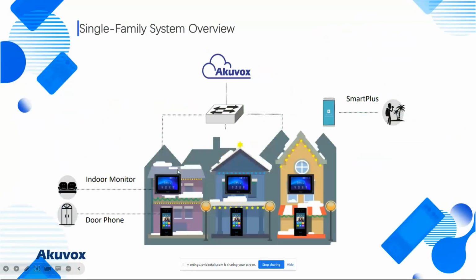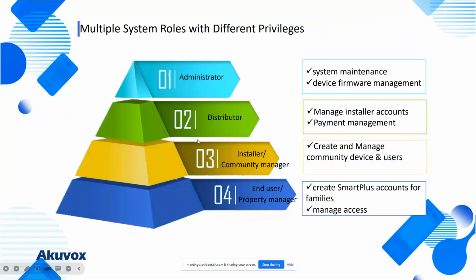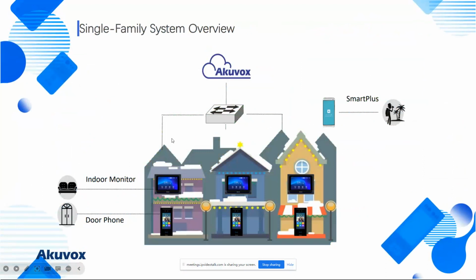For this example, this is a door phone, this is the indoor monitor, and they are connecting under the same switch. This is the same switch or same router. They're using the same network, for example network ABC. This means that they are under the same IPs.